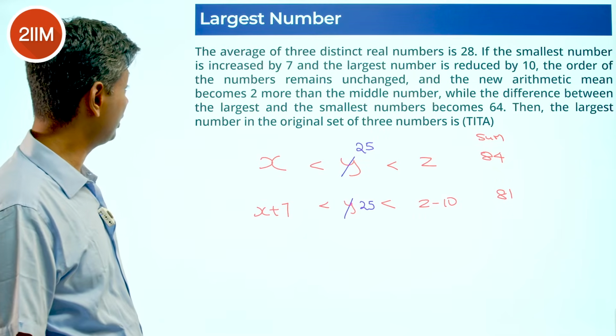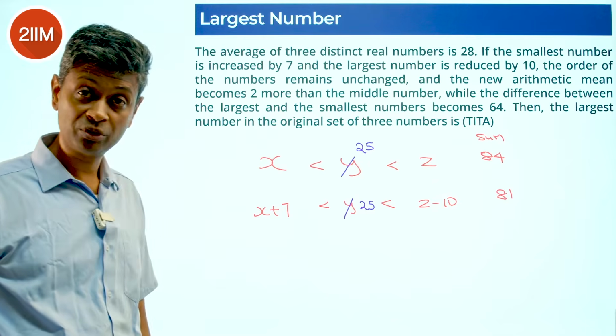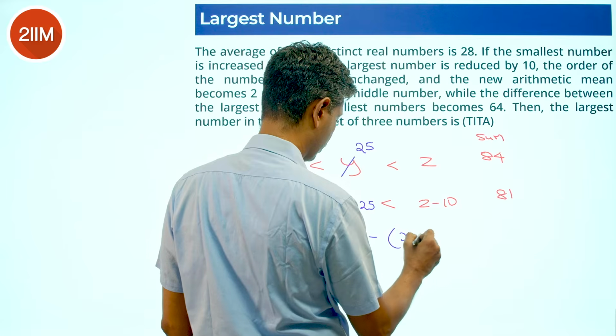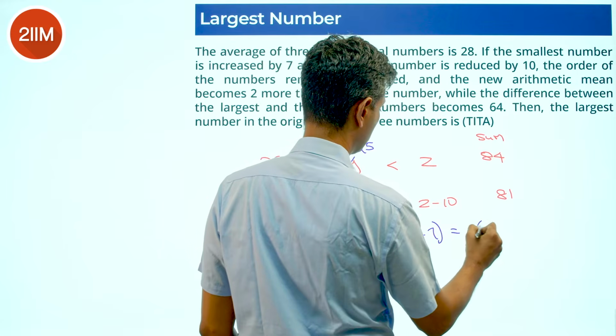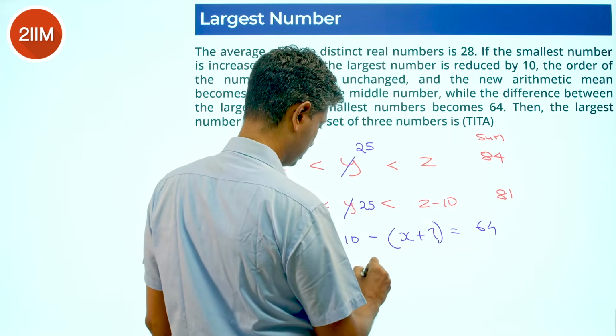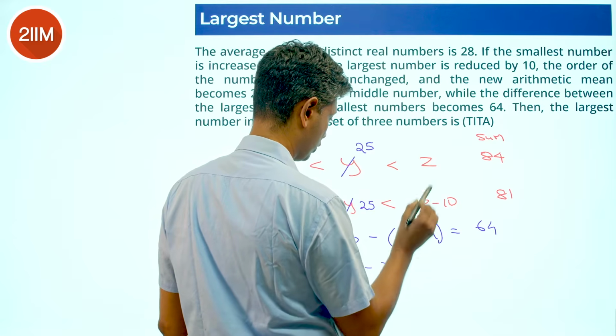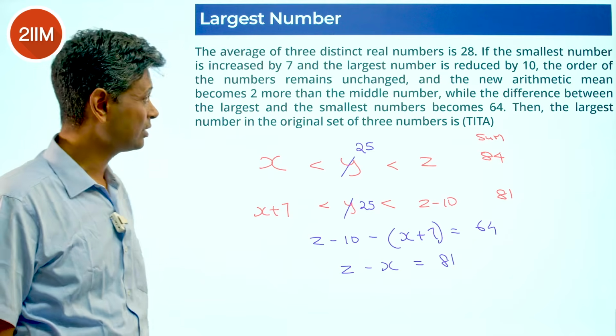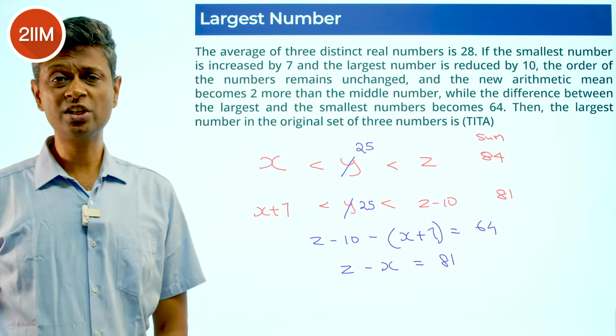While the difference between the largest and smallest numbers becomes 64. Z minus 10 minus of x plus 7 is 64. Z minus x minus 17 is 64, so z minus x is 81. Nice, brilliant.